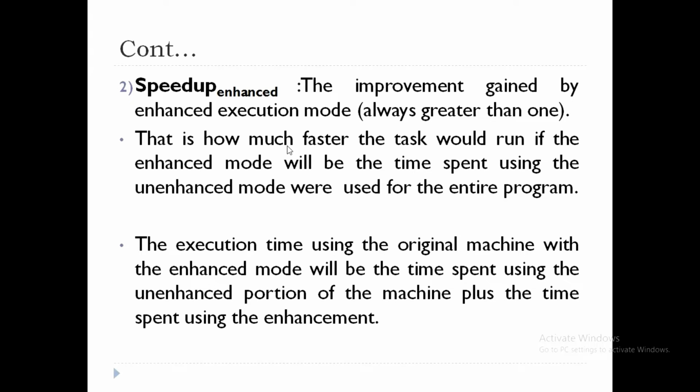So using these two, fraction enhanced and speedup enhanced, how can we calculate the execution time as well as the speedup?